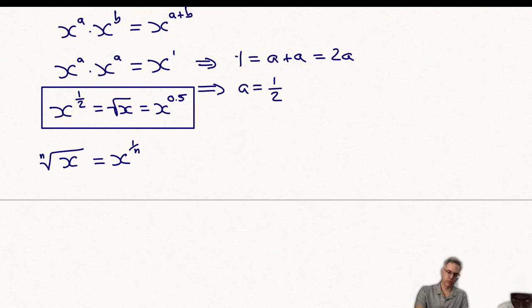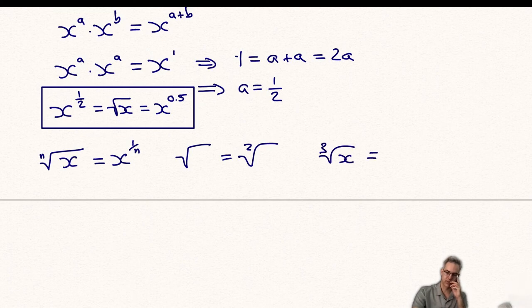With the square root, we don't usually write the 2. We all know that if I just draw this, that means the square root. But if I mean anything else, like the cube root of x, it's the number that multiplied by itself 3 times gives me back x.